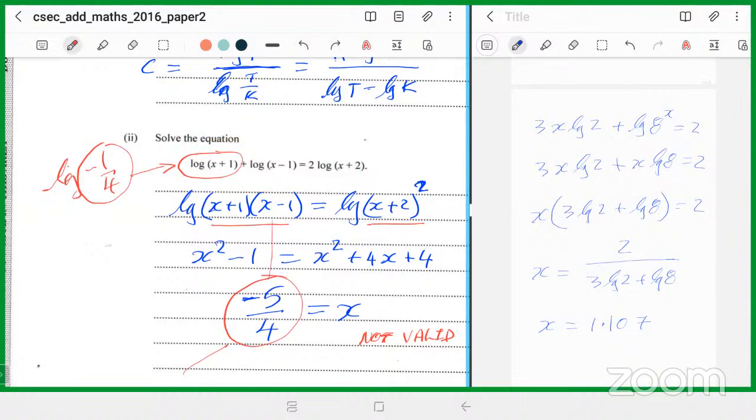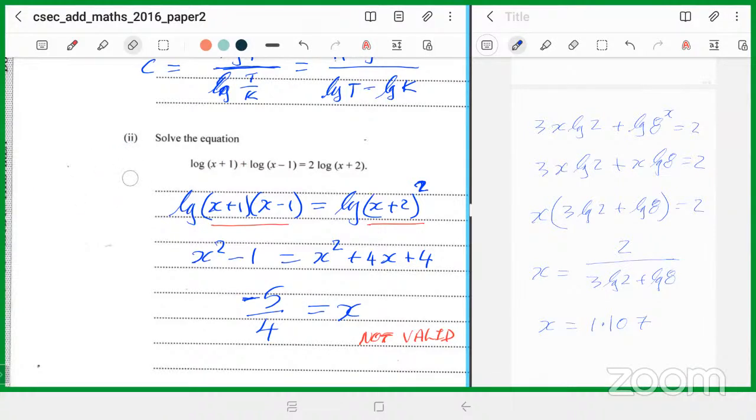Similarly, if I put it here for the x, I will find the log of negative 2 1/4 because it's negative 1 1/4 minus 1. Still not valid there either. So it is not valid for the given equation. It cannot work in the given equation. It's not really a valid answer, just the answer that you get from the equation.